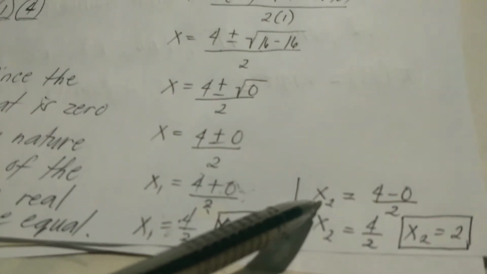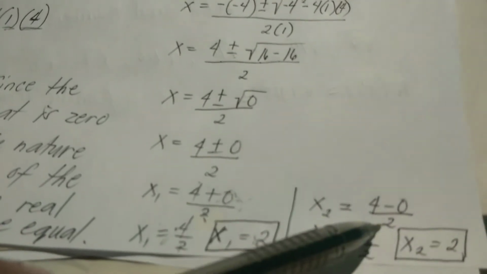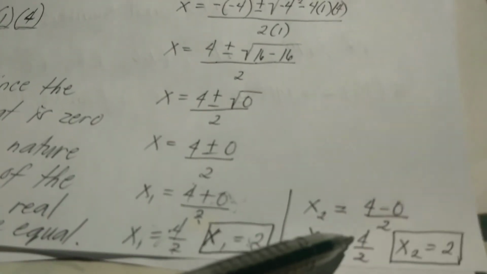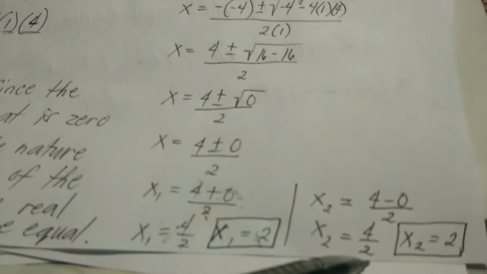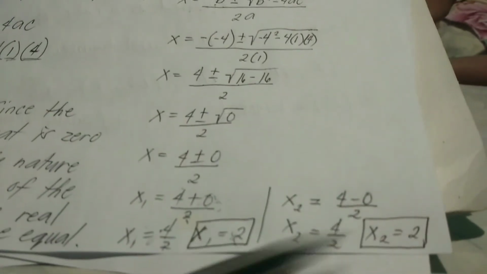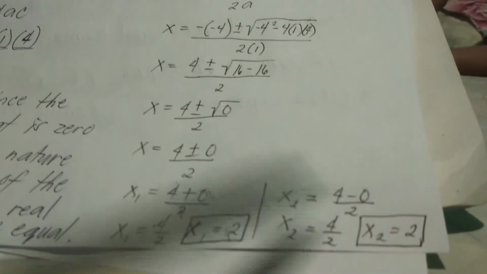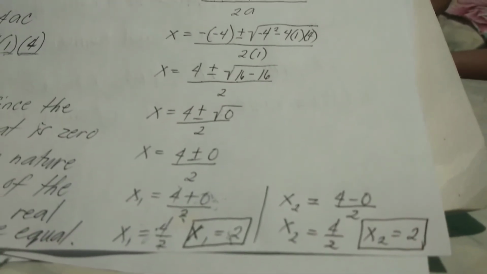Yung isa naman, x of 2 is equal to 4 minus 0 divided by 2. 4 minus 0, again, 4 pa din siya. So, x of 2 is equal to 4 divided by 2 is positive 2. And the roots are positive 2 and positive 2. They are real numbers and are equal.